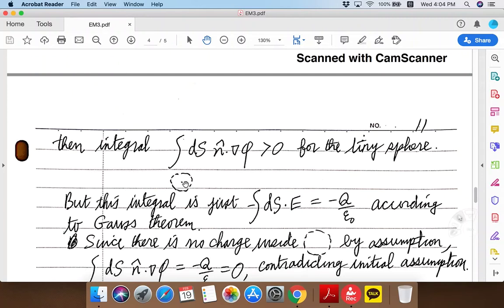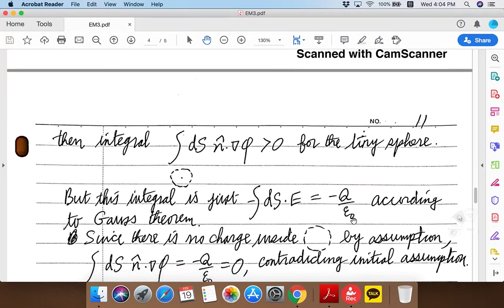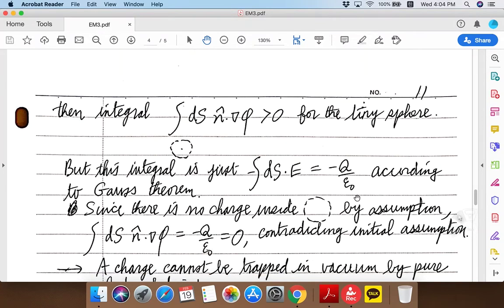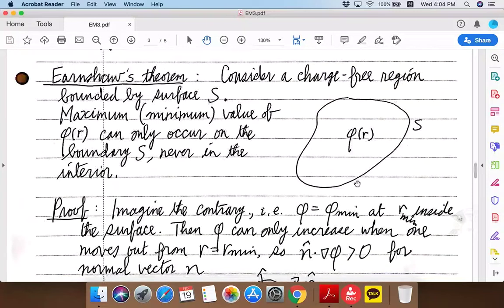And by Gauss's theorem, that surface integral measuring the total electric flux also happens to equal the total charge inside that surface divided by some number. But didn't we start by assuming that there's no charge inside this entire surface?